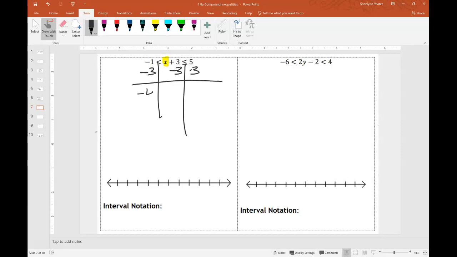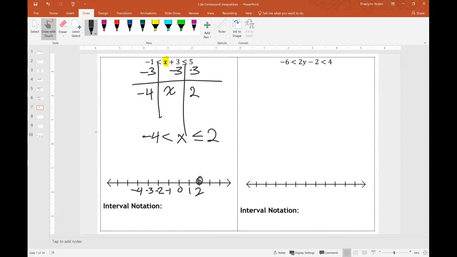So on the left side I have -4. I have an x in the middle. And 5 minus 3 is 2. So I know that -4, then the inequality sign didn't change, so is less than x is less than or equal to 2. So mine's going to go from -4 to 2.